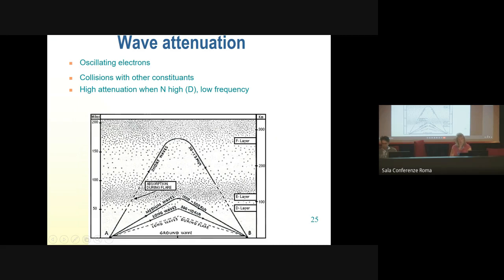Thus, the conditions of propagation are better during the night. And also when you have a flare, for instance, you have a higher absorption. Thus, the short waves have more difficulties to be transmitted, and the long waves will be reflected at lower altitude, sorry, when there is a flare.